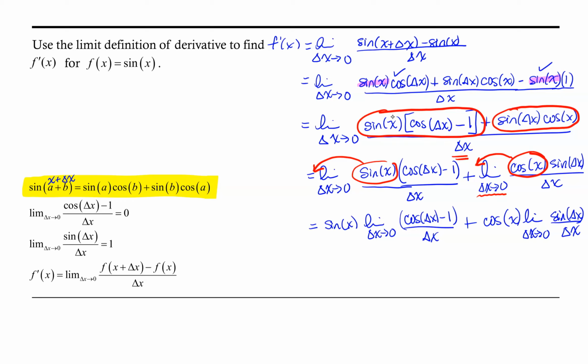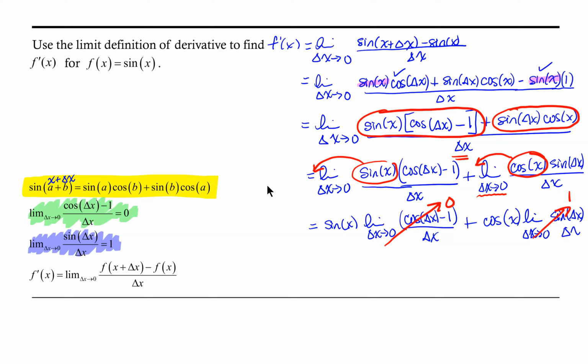Now is when we can apply these special limits that we have over here on the left. So the cosine limit, as delta x goes to 0 of cosine delta x minus 1 over delta x, is equal to 0. So this goes to 0. And the limit as delta x goes to 0 of sine of delta x over delta x, we know that goes to 1.